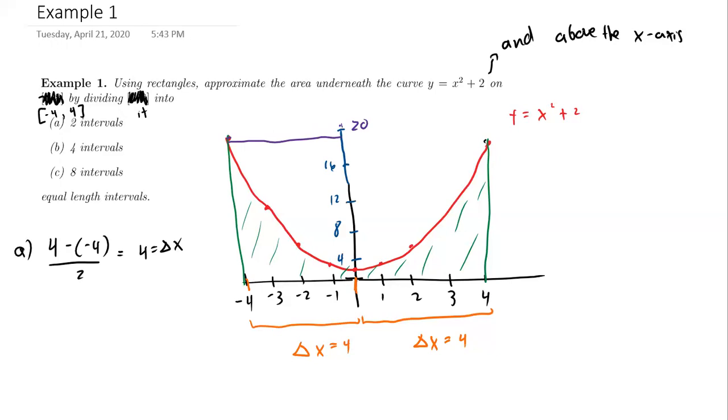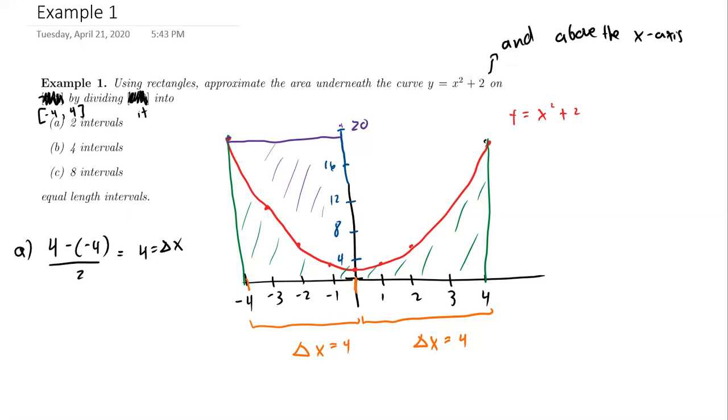Now, of course, that's a big overestimation of what the area is. Because with that rectangle, where the height is given in purple, the length is given by the change in x, which is 4, we see that we only wanted the green area. Instead, we're also getting this extra area here. But that's fine, that's part of the exercise.